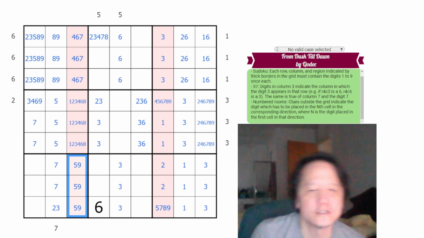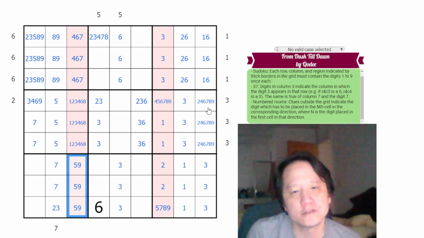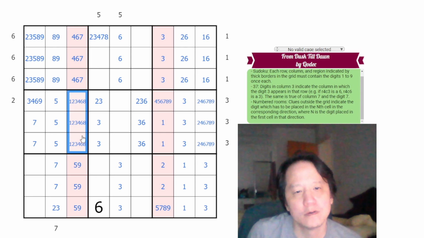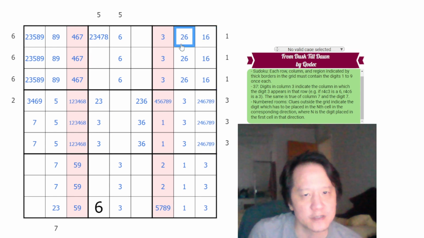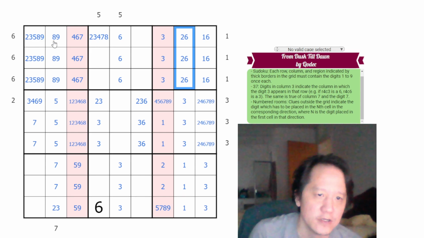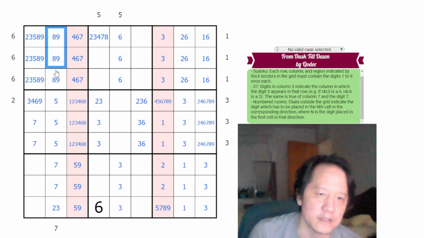Now that's interesting. Okay, so say this was a 4. Then one of these would have to be a 6, right? So if one of these is a 4, that would mean the 3's are here, which means this is 6. So this could not be 6, so this would have to be 6, which would mean this is 8 and this is 9.